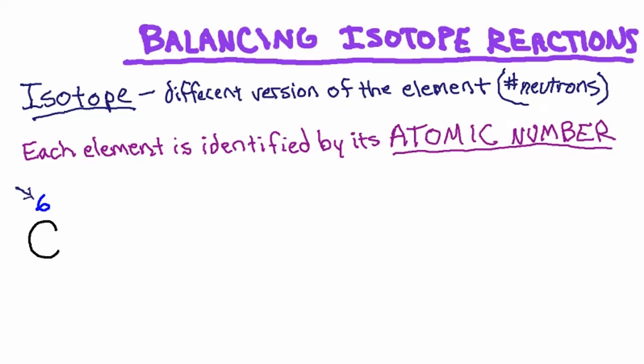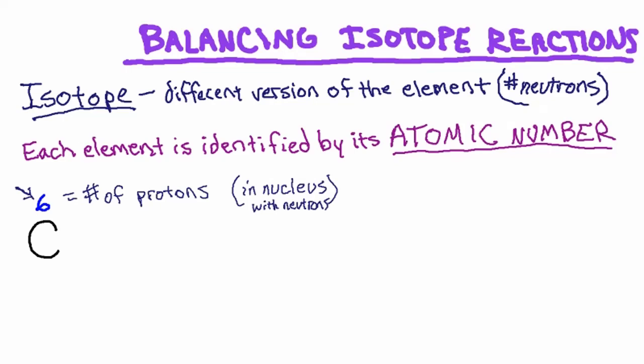Now the atomic number actually stands for something. It's not just the number of squares where the element is on the periodic table. The atomic number actually stands for the number of protons in the atom. Now, in case I need to remind you, the protons coexist with the neutrons in the nucleus.